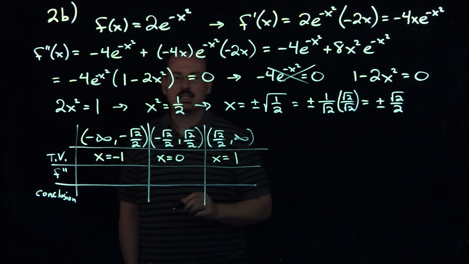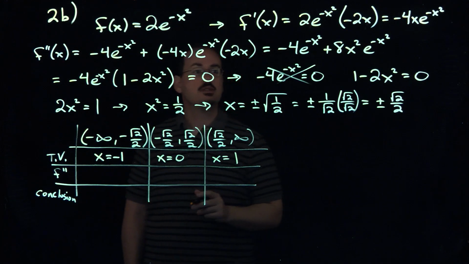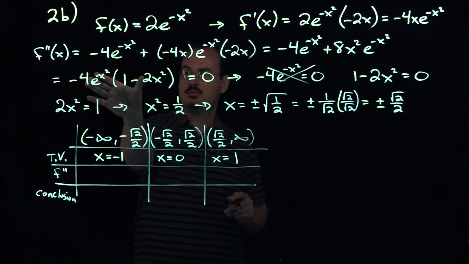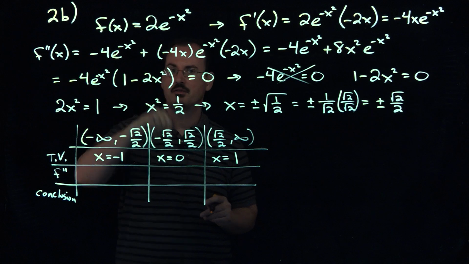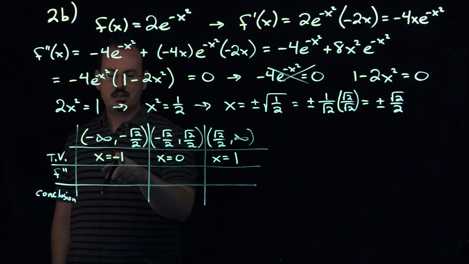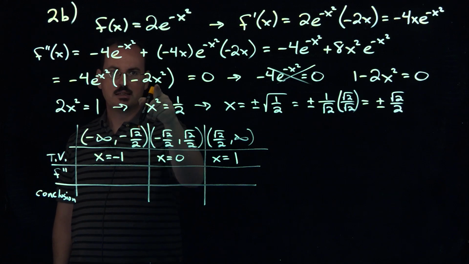So what we want to do is take these test values and plug them into the second derivative. So let's take a look at this right here. This is our second derivative factored. That'll be a good one to use. So if I plug in -1 here, notice what happens. -1 plugged in there, squaring it gives us +1, so I'm going to have 1 minus 2. That's going to be a negative number right there.